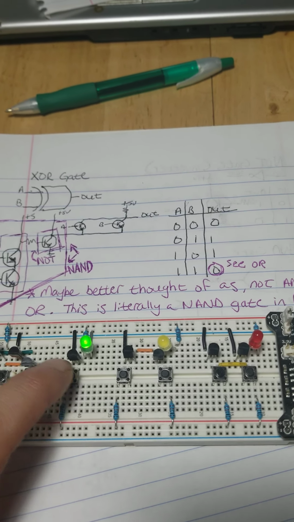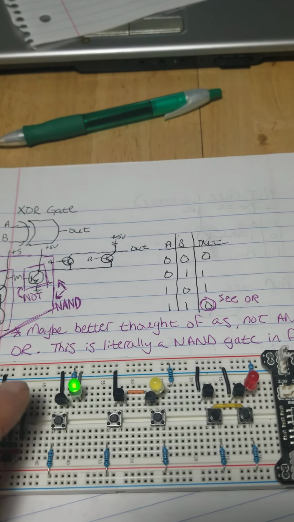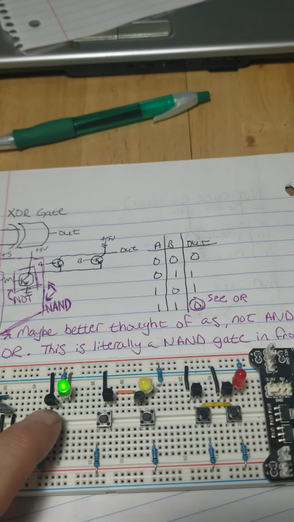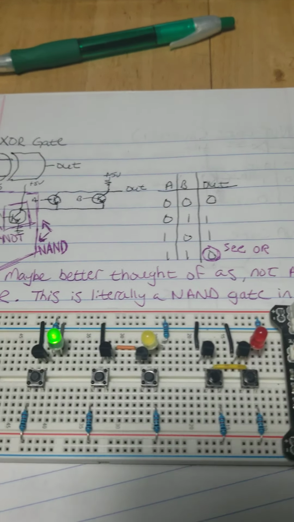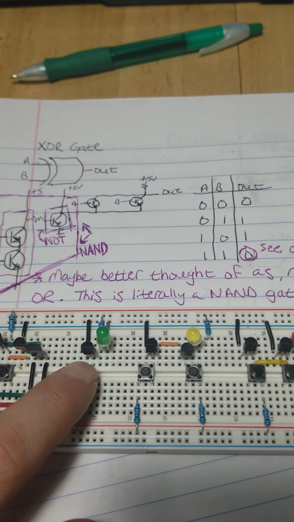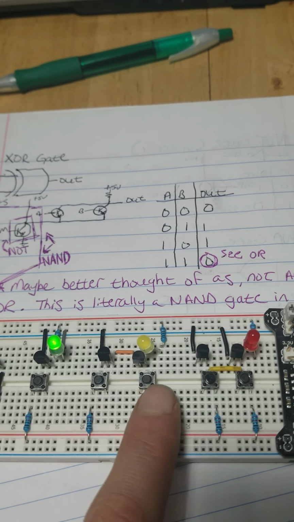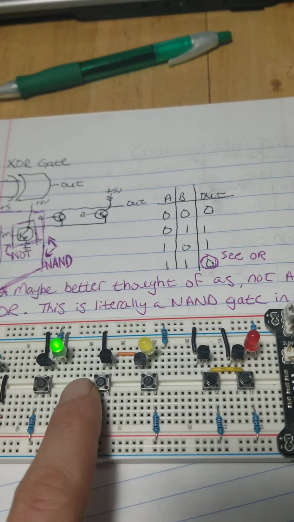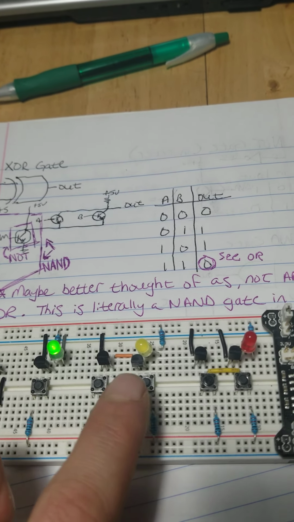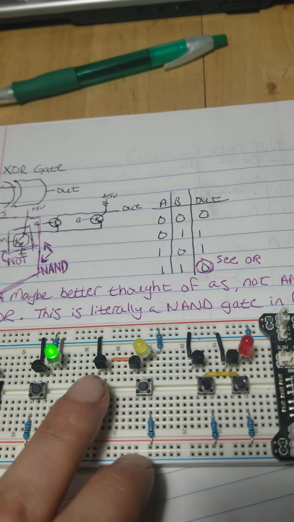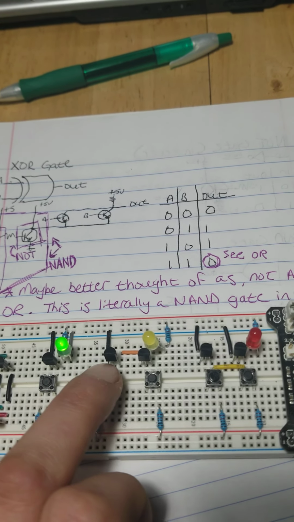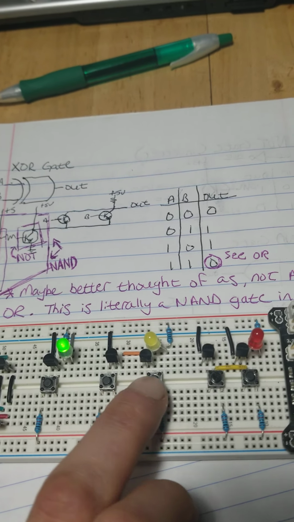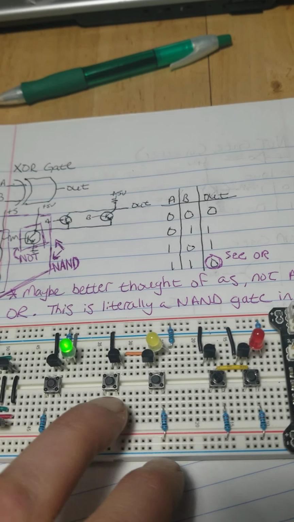Okay, so that's literally just built up from what we saw in diagrams like this earlier. This is a physical representation of that. This one over here is an AND gate, and it's built up just the same way as our schematic showed. If I press one button, nothing happens. Press the other, nothing happens.